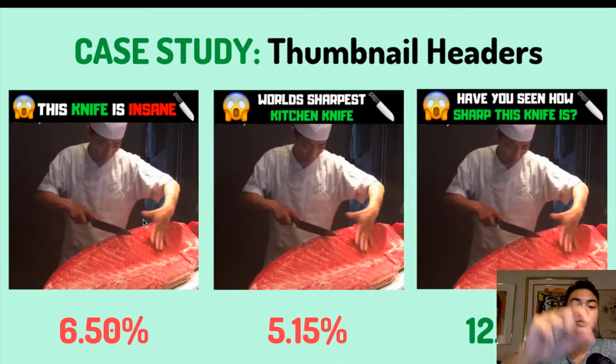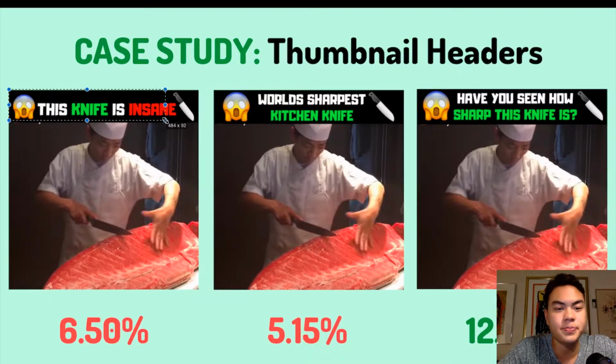So it's just the small thing up here, the headers on my thumbnail. The image, everything else is the same. The emojis are the same. It's just this text up here that changed. And I tested 3 different variants for a video ad for a kitchen knife that I did on Facebook. And here are the results.